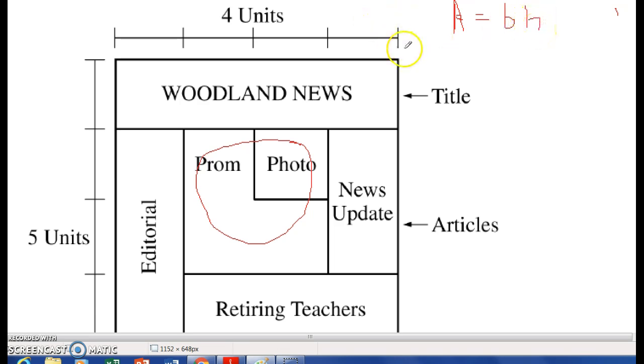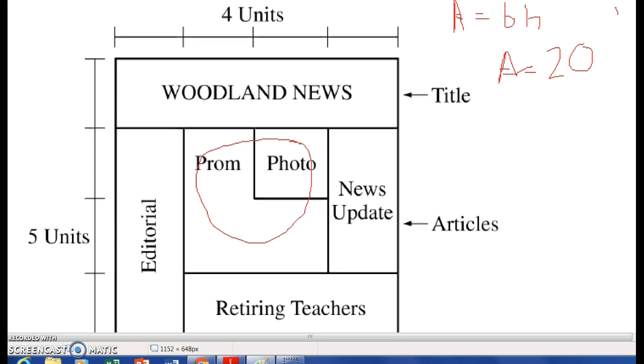Either way, it's the across part by the up and down part. So if we take these two and multiply them together, we get area equals 20, because 4 times 5 is 20. So that is the number of units that we have for this whole entire picture.